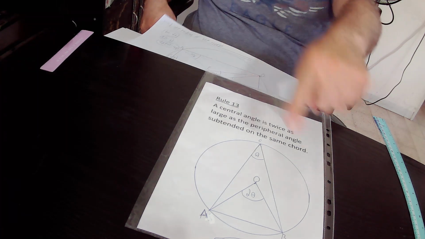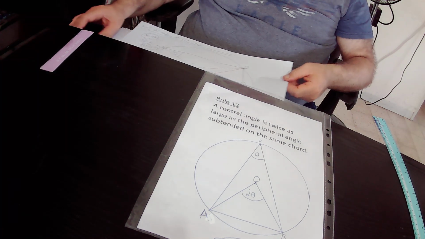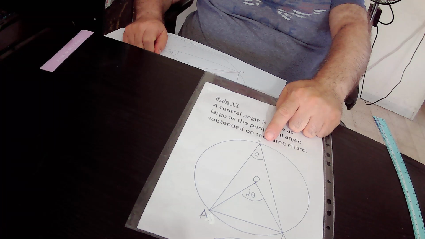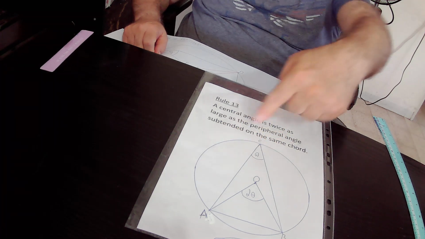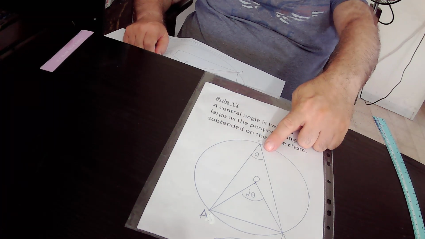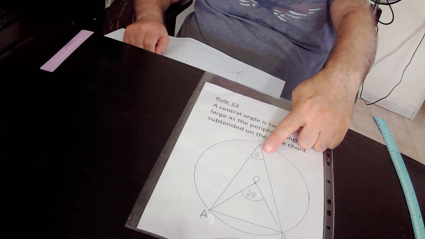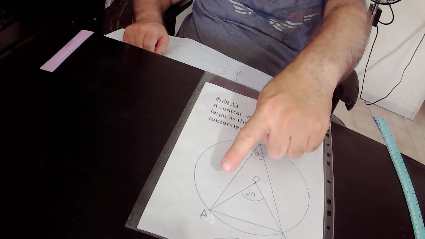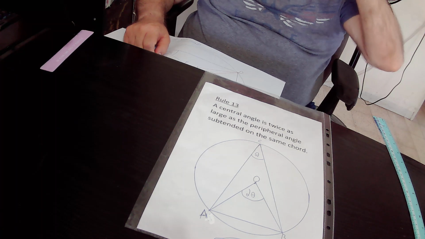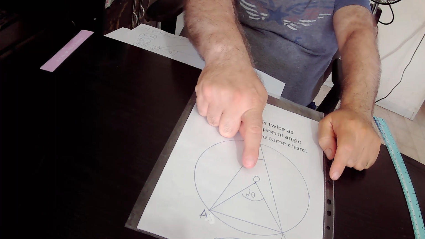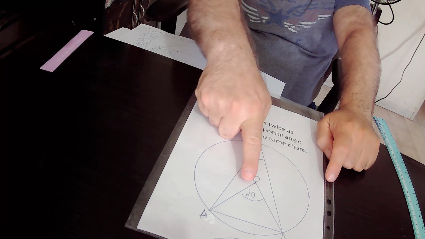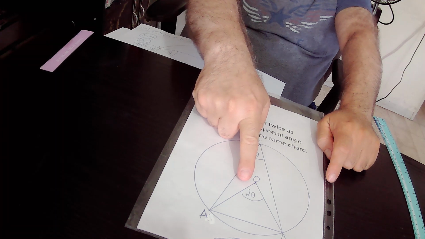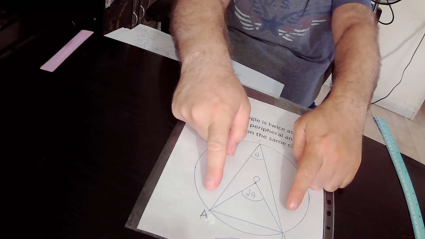So in the drawing we have a circle, and this is peripheral angle ACB. The size of this peripheral angle ACB is theta, and it is subtended on chord AB. Likewise, we also have here central angle AOB, subtended on the same chord called AB.